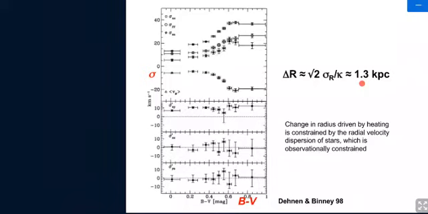So Binney and Sellwood argue that, therefore, the sun could not have been born at 6.6 kiloparsecs. It had to have been born much closer to where it is now. And the reason why we see it discrepant from the gas metallicity is because the gas metallicity is not as uniform as we think it is. That was the initial paper.